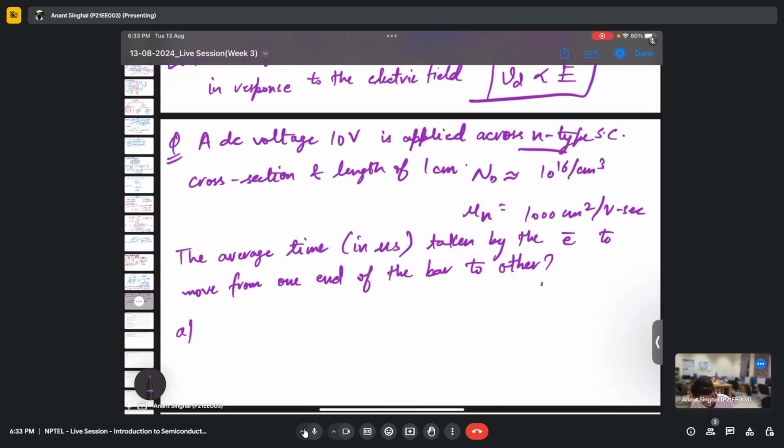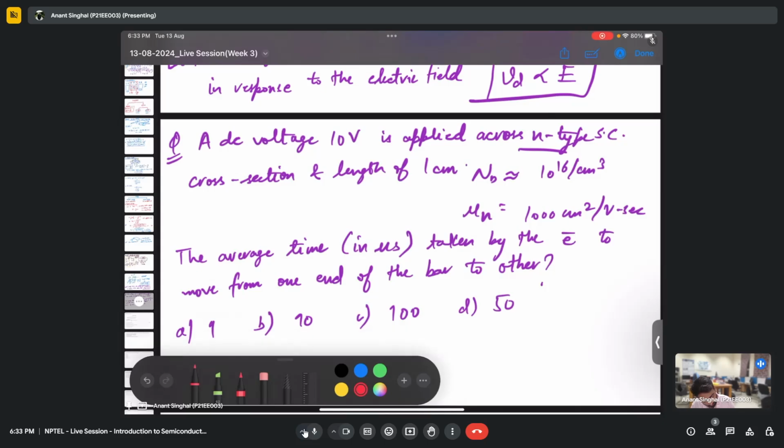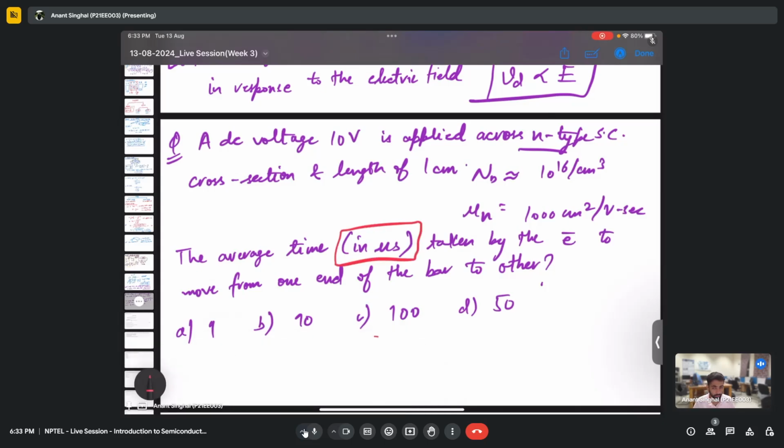You have options: A is 10, B is 100, C is 100 and D is 50. You need to be attentive here that you need to find the same in microsecond.